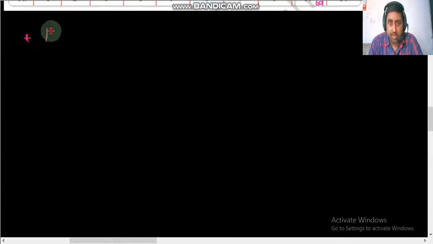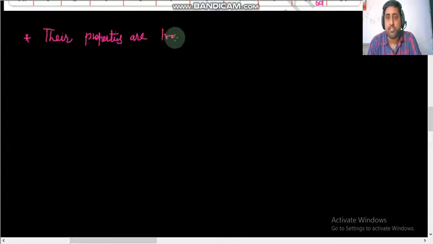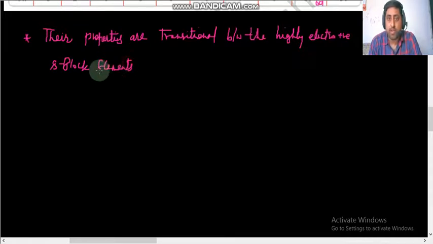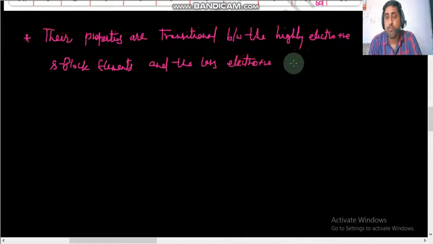So their properties are transitional between the highly electropositive s block elements and the less electropositive p block elements.